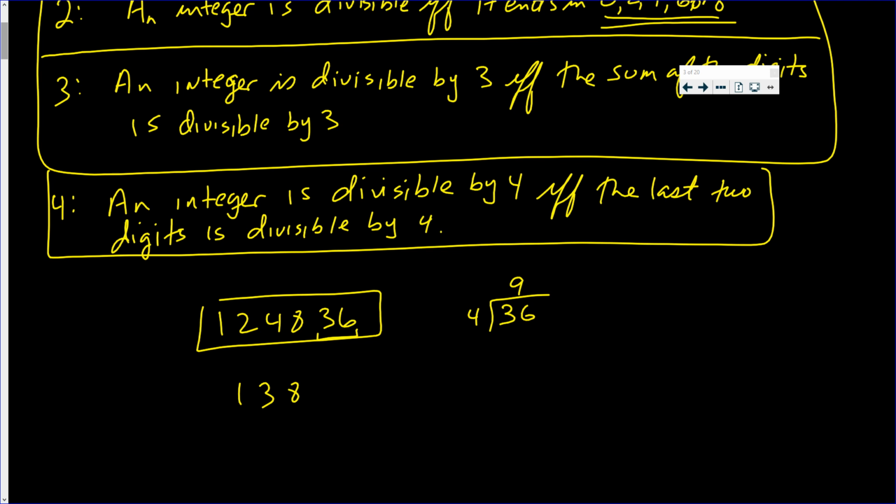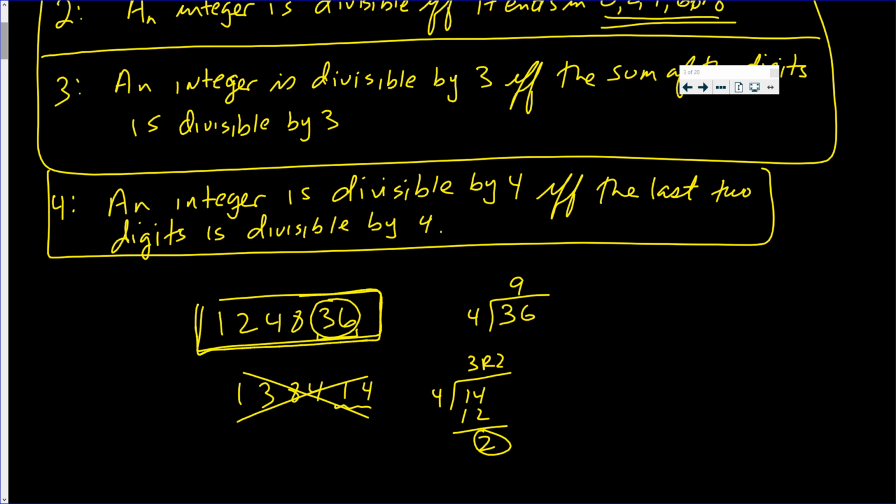1, 3, 8, 4, 1, 4. 4 does not go into 14 evenly. It has a remainder. So no, 4 does not go into this number. If you just want to know if this number is divisible by 4, it suffices just to look at the last 2 digits.